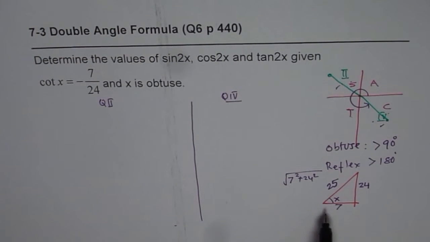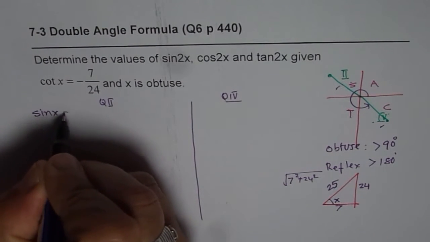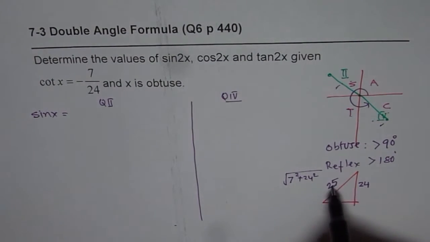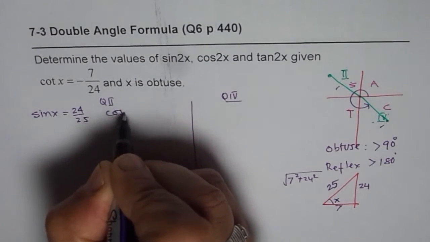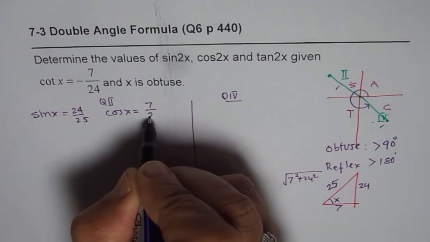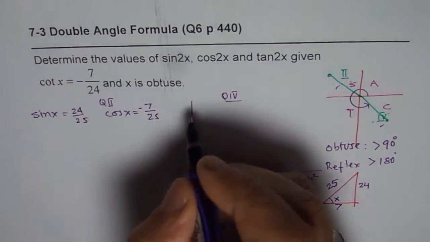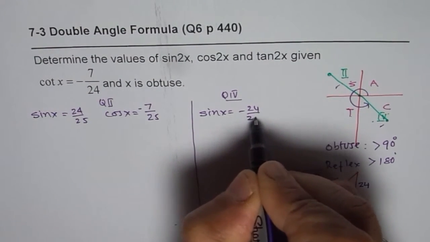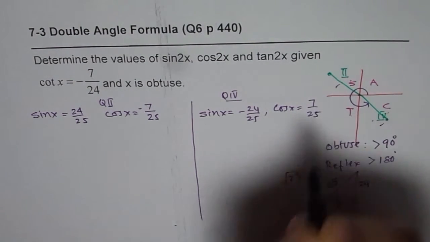So basically what we know from here is that sin x, if we are considering quadrant 2, will be 24 over 25. Cos x will be equal to 7 over 25, but with a negative sign in quadrant 2. If you are considering quadrant 4, in that case, sin x will be negative 24 over 25, whereas cos x is going to be positive 7 over 25.